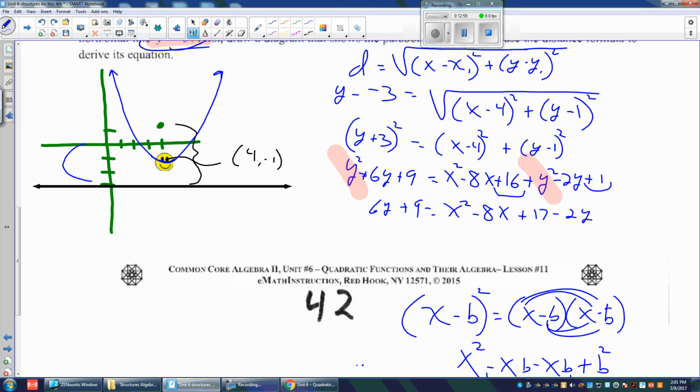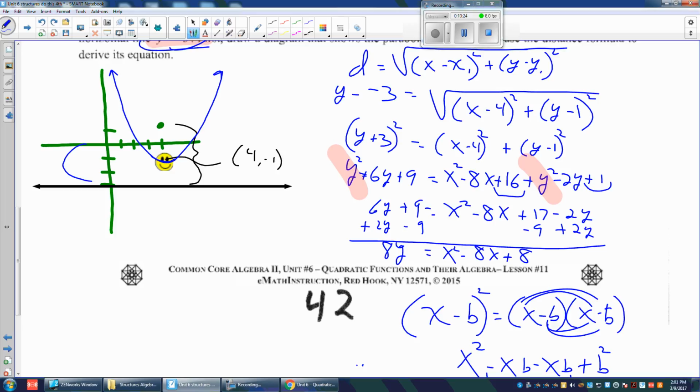minus 2y. Let's add the 2y and let's subtract 9 at the same time. 8y equals x squared minus 8x plus 8.